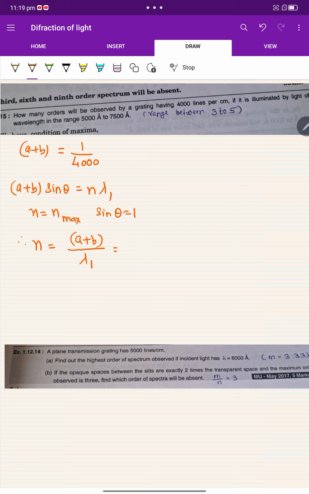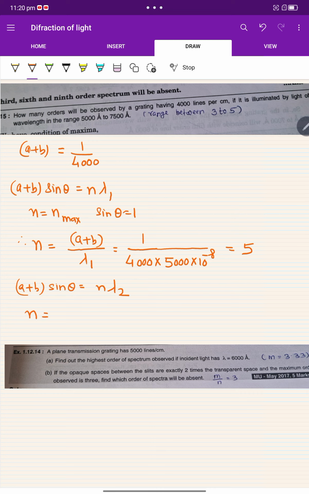We substitute the value 1 divided by 4000 into wavelength 5000 into 10 to the power minus 8. When we substitute the values in the formula, we get n equals 5. Similarly, for the second wavelength, A plus B sine theta is n lambda 2.